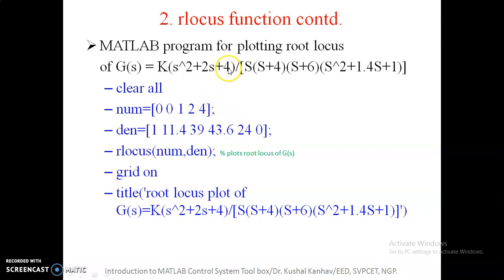Starting from s to the power 0 it is 4, then for s it is 2, then for s square it is 1, and the remaining powers of s are missing in the numerator, so they are replaced by zeros. So the length of the numerator and the denominator coefficients of the polynomial should be the same. It should be maintained the same while writing the program. This we have to take care of.